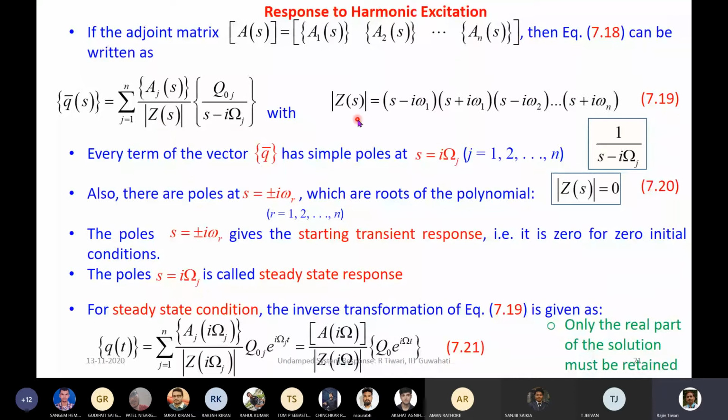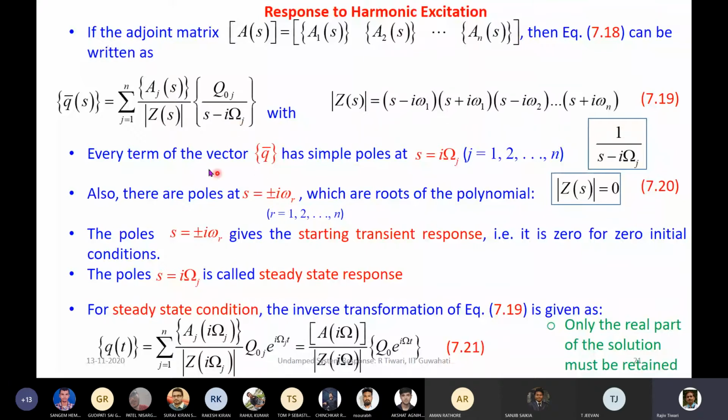Z is because we already saw that once we factorize this Z, we had this expression where omega 1, omega 2, these are the natural frequencies of the system. Omegas are the natural frequencies of the system. Capital omega is the excitation frequency that we need to see.